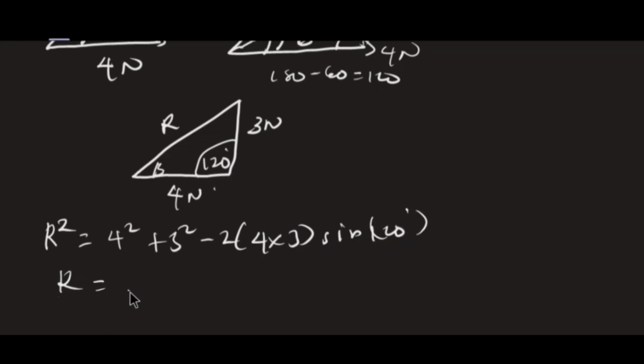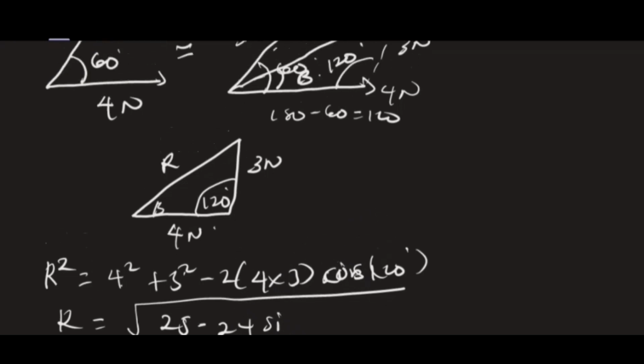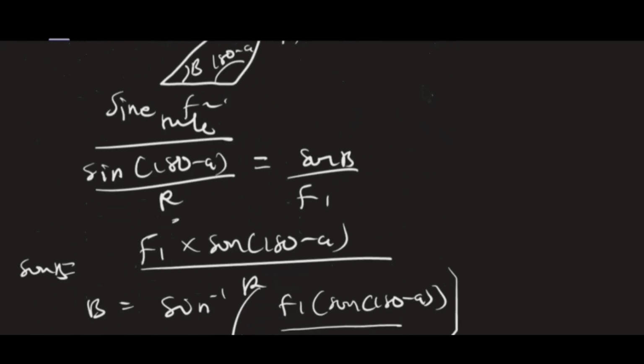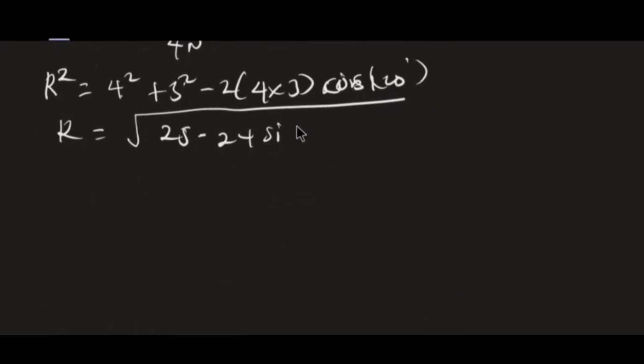So my R is simply the square root of this expression. 4 squared is 16, 3 squared is 9, so 25. 4 times 3 is 12, times 2 is 24, cos of that angle, so 24 cos 120 degrees. And this will give us the magnitude of the resultant: the square root of 25 minus 24 cos 120.